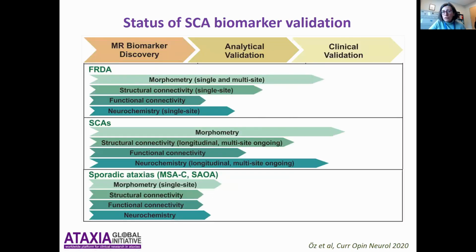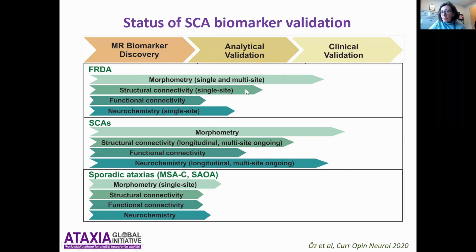This is just to give you the idea that the validation of these different MR modalities, MR metrics for different types of ataxias is at very different stages in the pipeline. You start out with biomarker discovery, potential markers that may mark X or Y in the pathology.